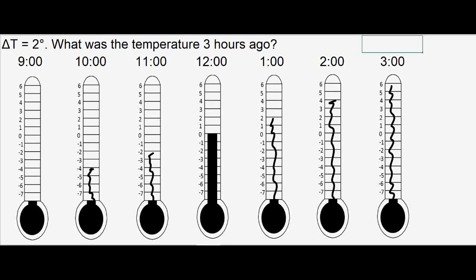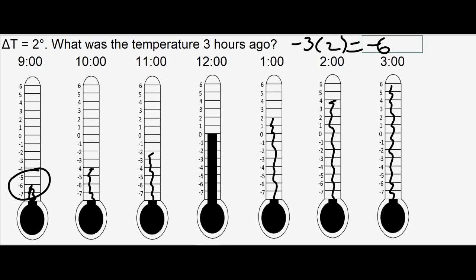So if it's coming up 2 degrees every hour, so now I can say, instead of 3 times -2, I have -3 times +2, and that's going to give me the -6 as well. So a negative times a positive is a negative.